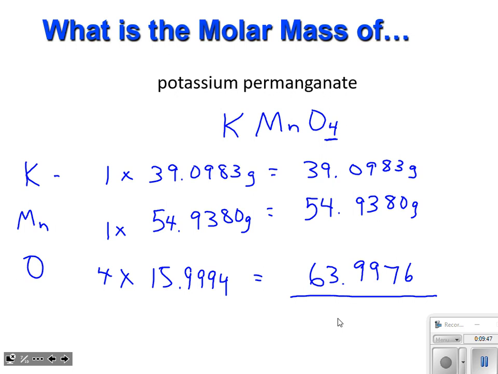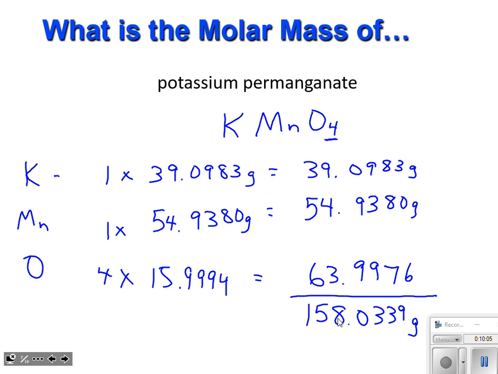Now I add all of these values together, and I come up with a value of 158.0339 grams.